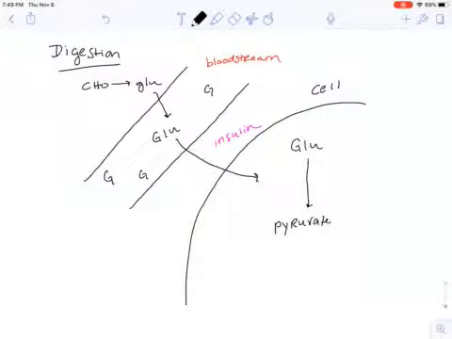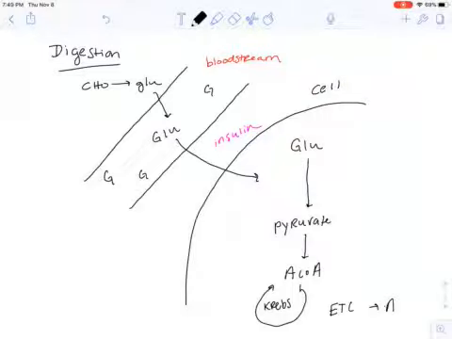And then pyruvate can turn into acetyl-CoA, which then goes through that Krebs cycle, and then electron transport chain to produce ATP. So this is our energy here.